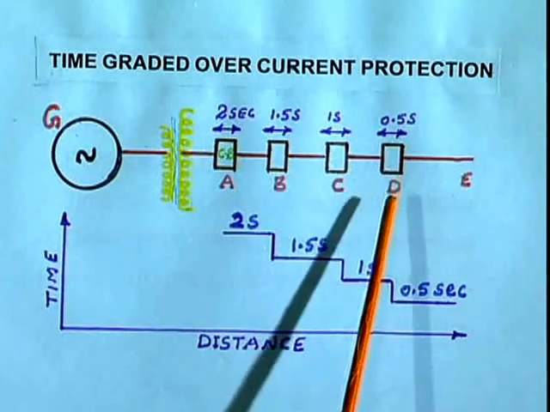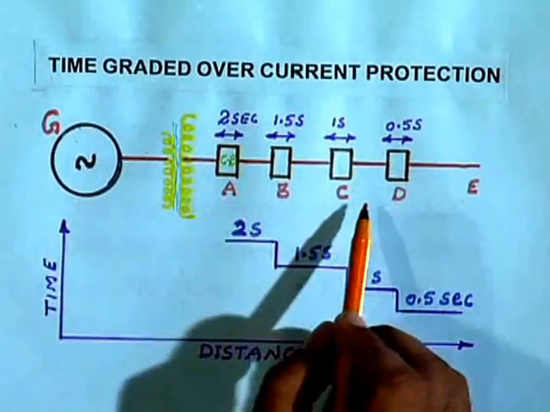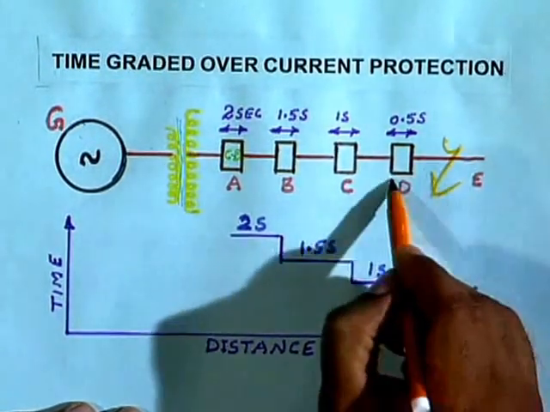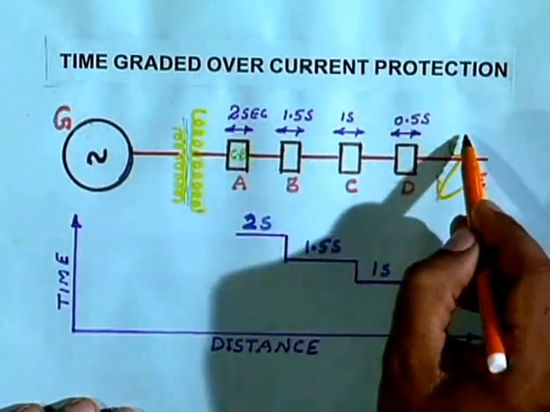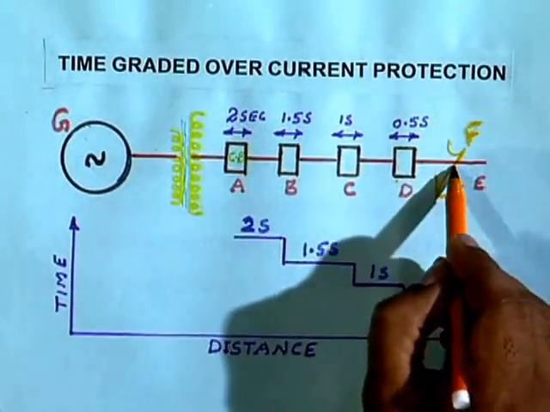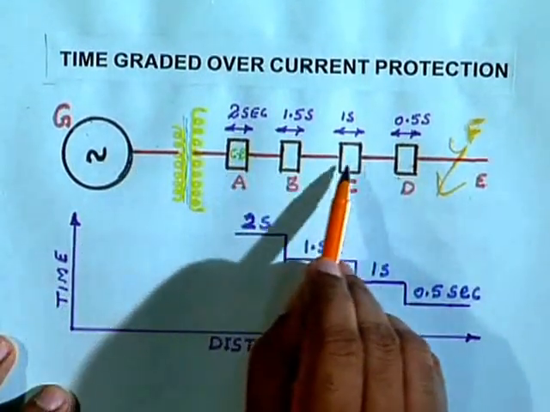Now on a radial feeder, let us say the fault occurs at section DE. So this is the fault. If the fault occurs, the fault current will be flowing. The normal current direction is this.